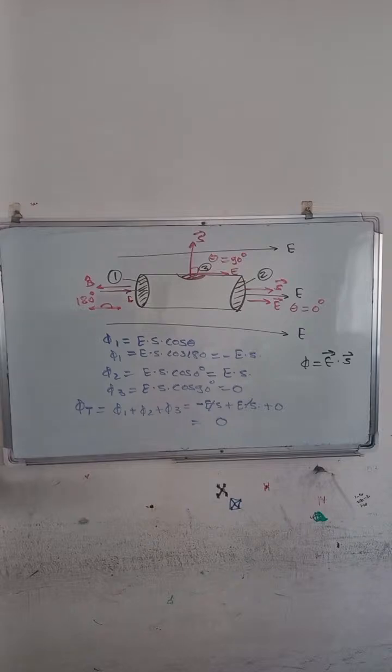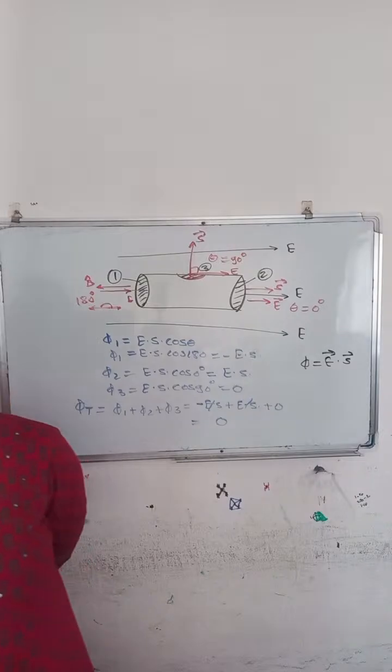Now, last option, write down, the electric field over the Gaussian surface remains constant and uniform at every point. Okay. So these are the four options.